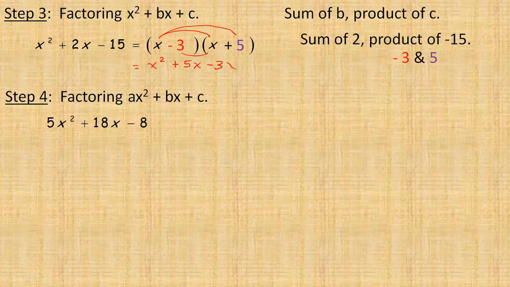Negative 3 times x is minus 3x. And negative 3 times 5 is negative 15. And the middle two terms, the like terms, 5x minus 3x is 2x. Minus 15, so we do get exactly what we started with, which is great. That's exactly what we want.